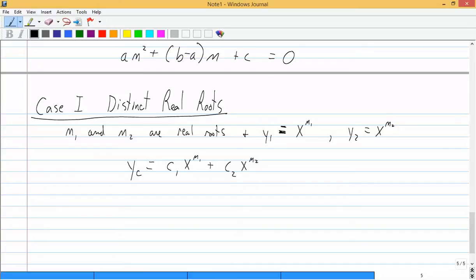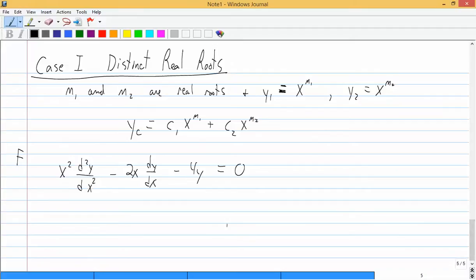So, for example, let's say that I have x squared d squared y dx squared minus 2x dy dx minus 4y equals 0. So if this is our differential equation, now you can write x squared y double prime minus 2x y prime minus 4y equals 0. That means the same thing, so I just wrote it as an alternate form before.